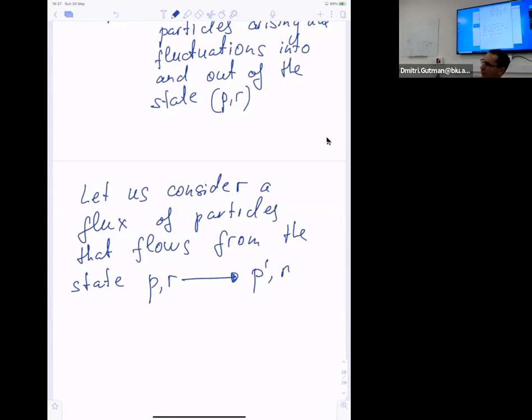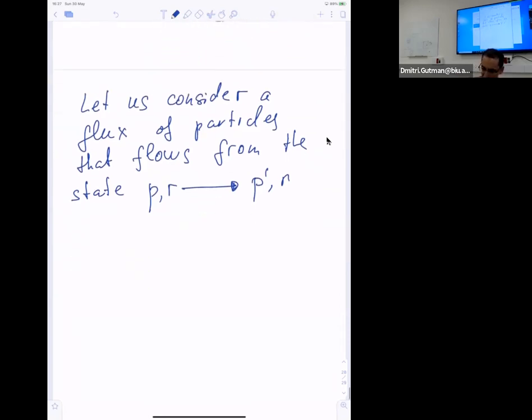It goes with the momentum P, it scatters, it acquires a different momentum, but everything happens locally at the point R in space. So let's denote this flux of electrons from state P to state P prime at point R at time t as J.